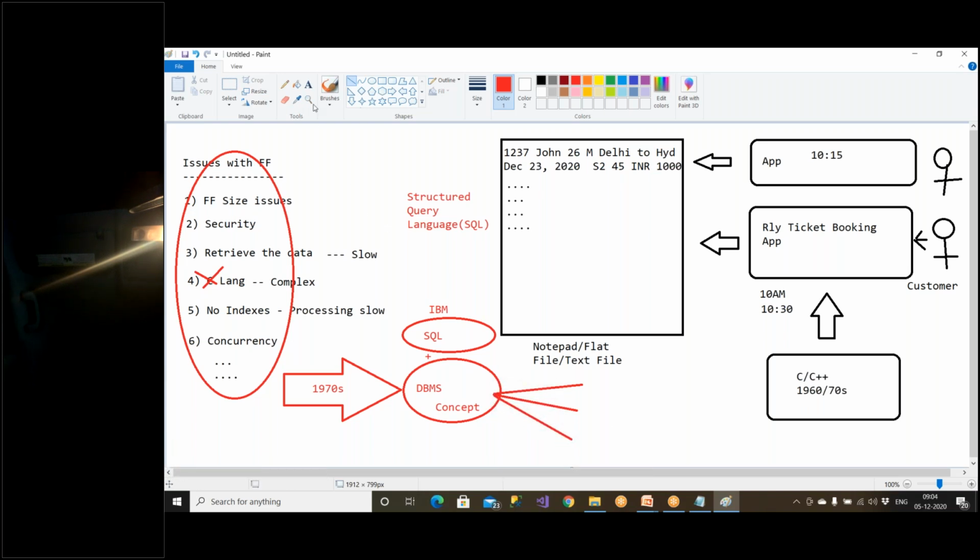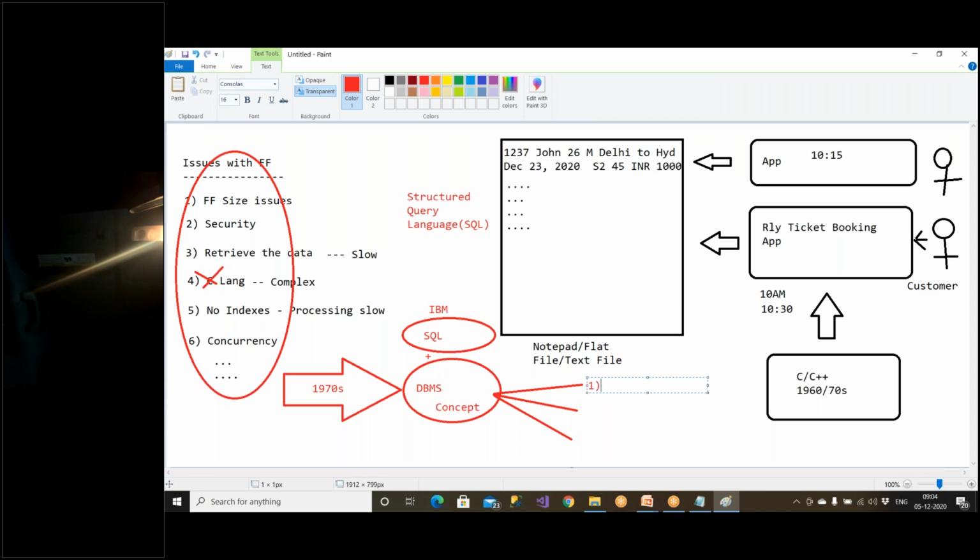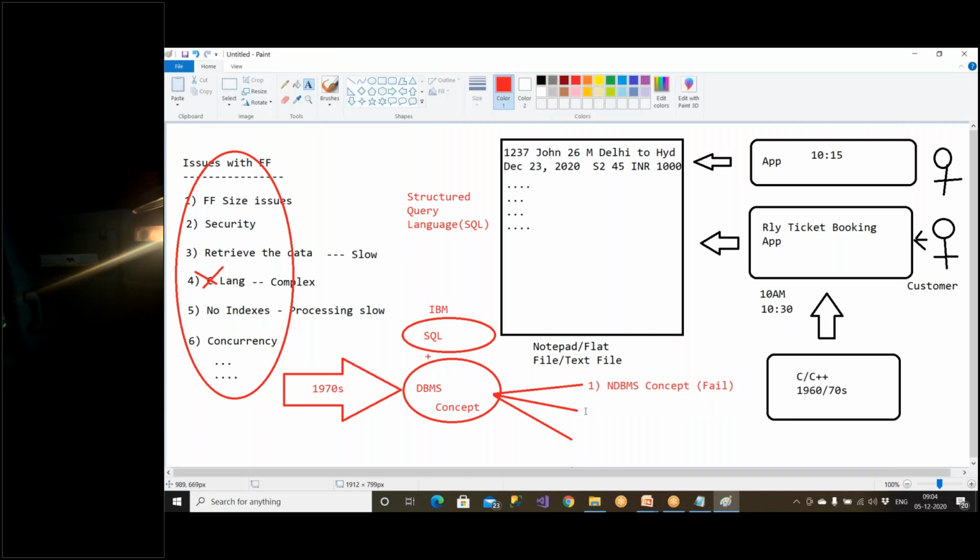The first DBMS type is called the Network DBMS concept. It was released in the early 1970s, and it was a big failure. It could not store all kinds of data, and people were not using it.